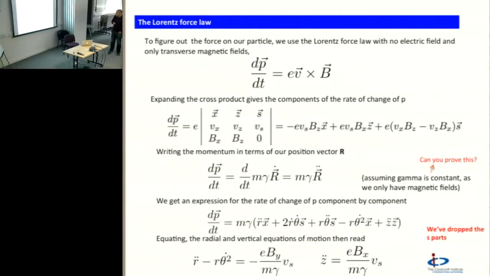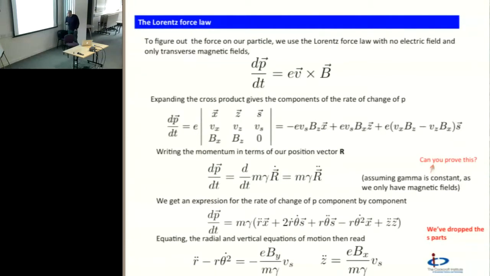Because, again, that's an exercise. If I only have magnetic fields, gamma dot must be 0. I'll leave that for you to prove. To get gamma dot non-zero, you need electric fields. So in our simplification, no electric fields, gamma dot is 0, or the energy of the particle is an invariant. So the boring bit is almost over.